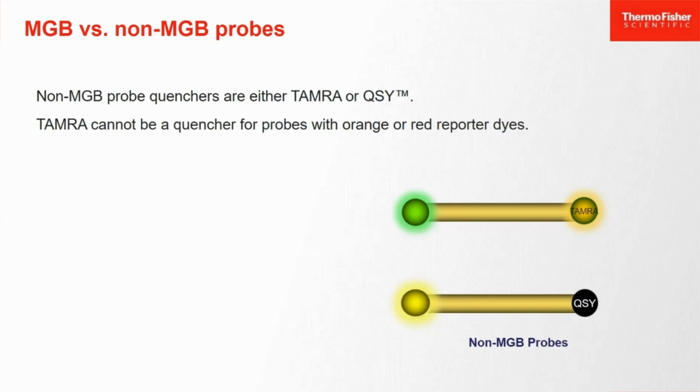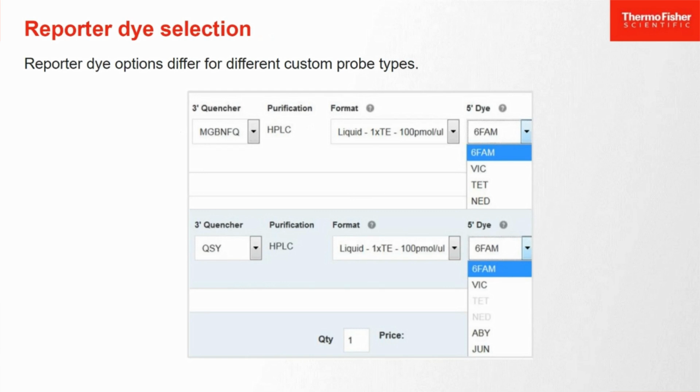They're a little bit less sensitive to mismatches in the probe binding site. So by choosing MGB or non-MGB, you can, in a sense, tailor the specificity of the assay a bit. If you go to our website and look at probe dye selection, you can see they are going to be a little bit different whether you choose an MGB or a non-MGB probe.